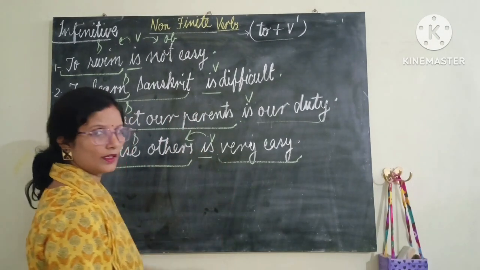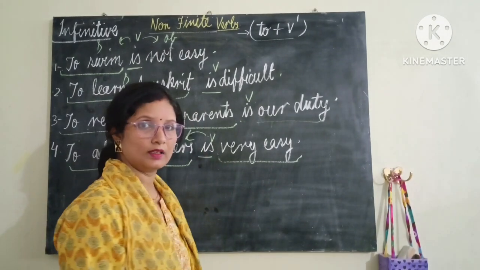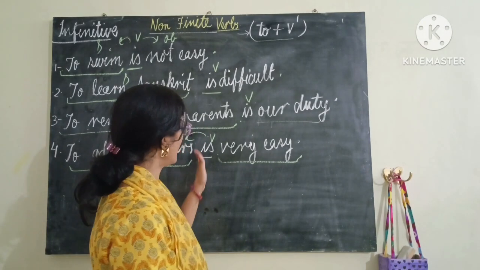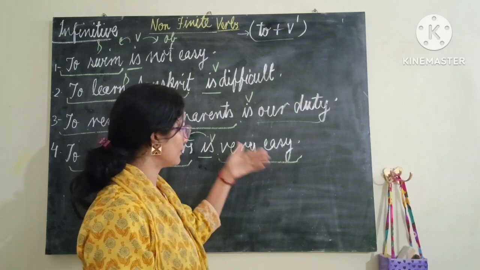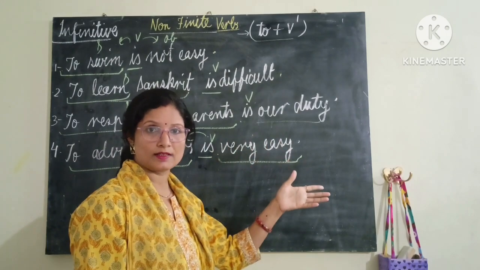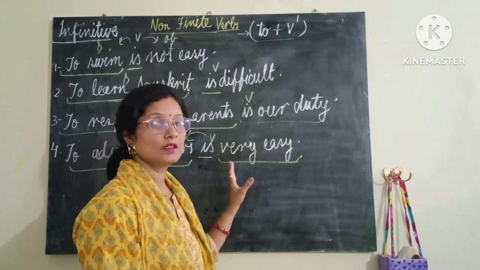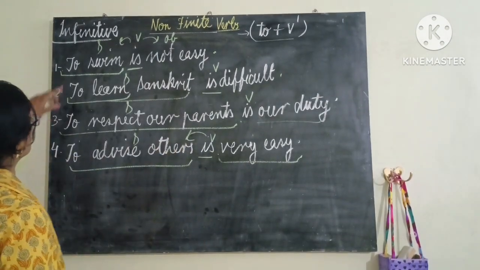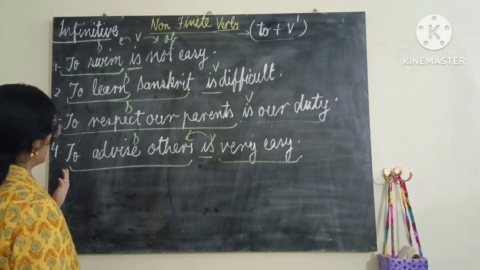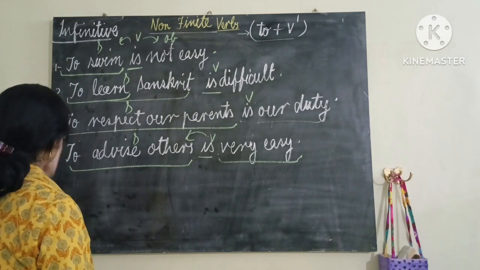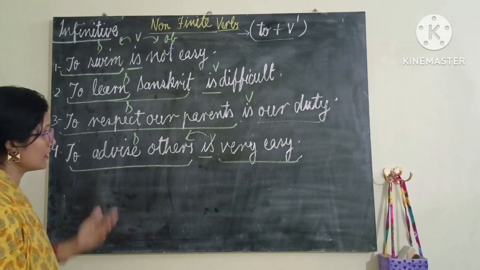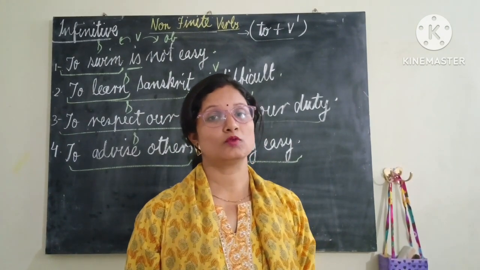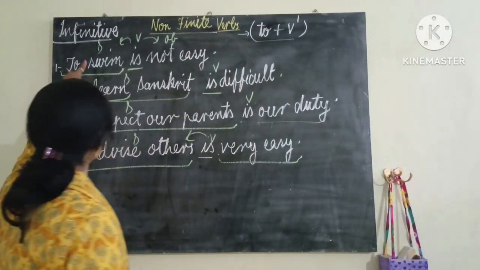We have seen in the incomplete verb video that if is, am, are, being verbs are written, and after that the words written, if we hide them, do not make any sense, it means the next words are the complement. So here I'm not going to discuss this. Only we have to see that to plus V1, meaning infinitives, are written here in place of the subject. So being a subject, the word has to play the role of a noun or pronoun. So they are behaving here as nouns.